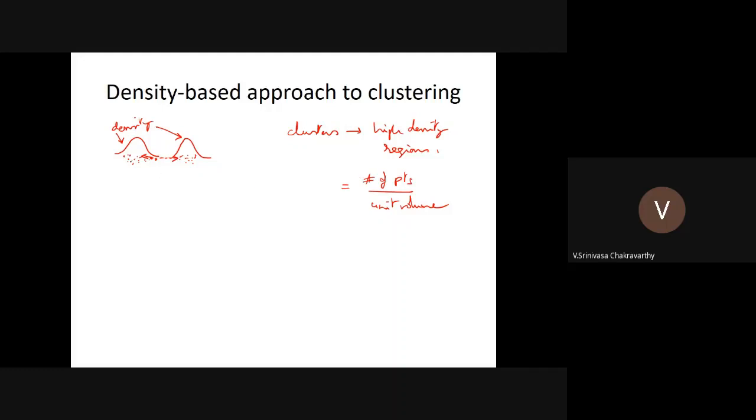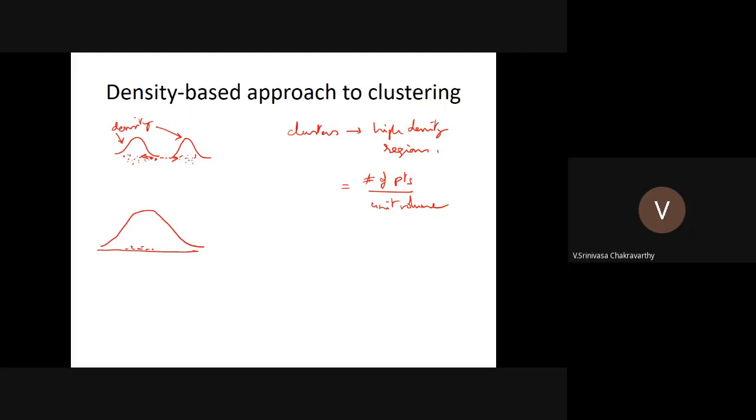So when you have data like this, if I can calculate some kind of a density of this data, then if I want to know if a given point belongs to this cluster or this cluster, I just plug it into this density function. So this density function is like this, and I have some points here.